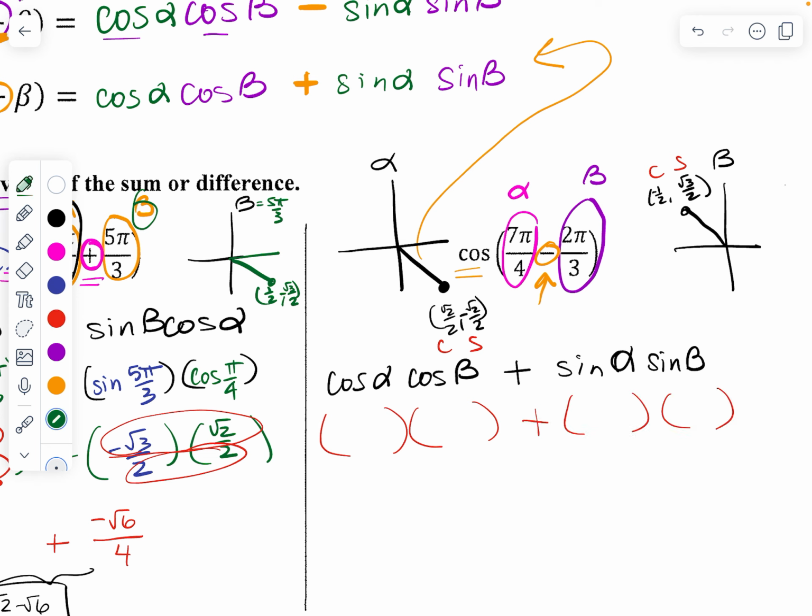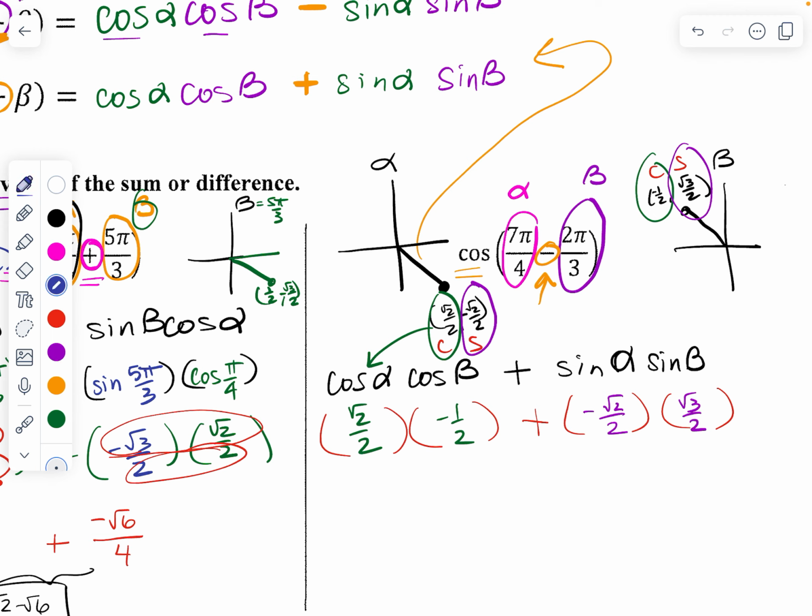Okay, so let's talk about cosine alpha. It's right here, root 2 over 2, and cosine beta is right here, negative 1/2. Now let's talk about sine alpha. It's right here, negative root 2 over 2, and sine beta is right here, root 3 over 2.